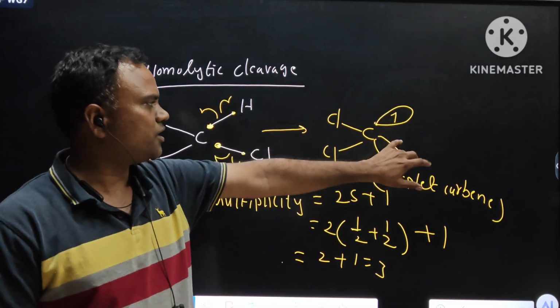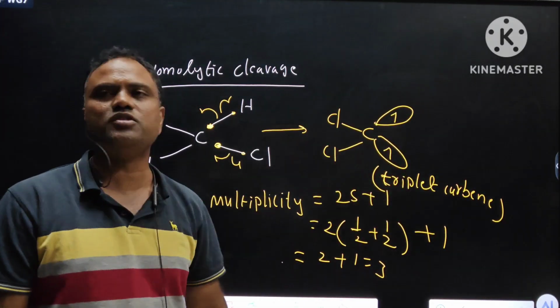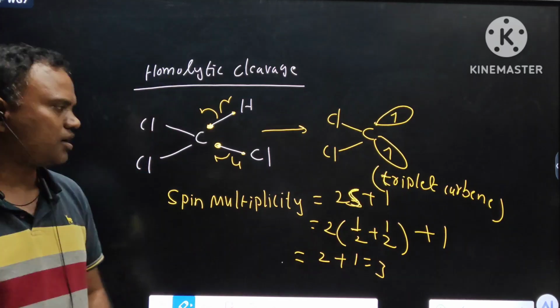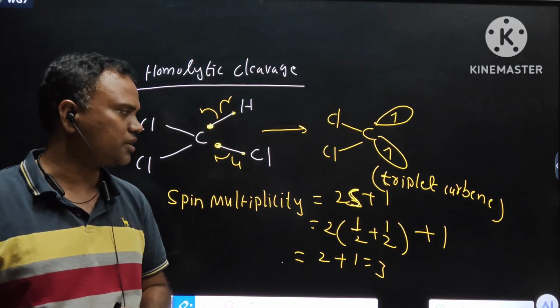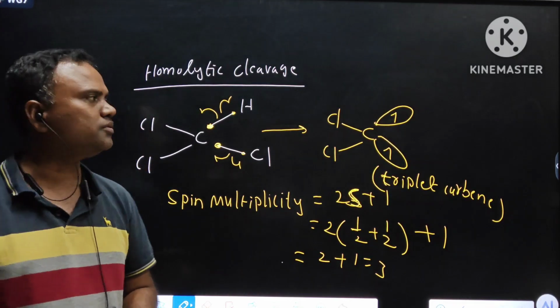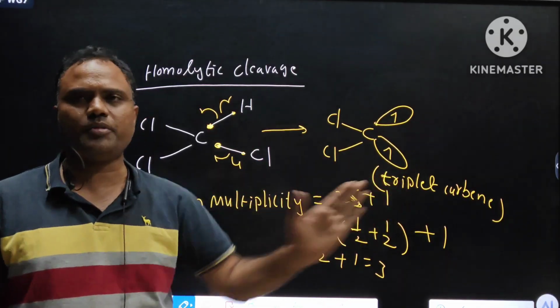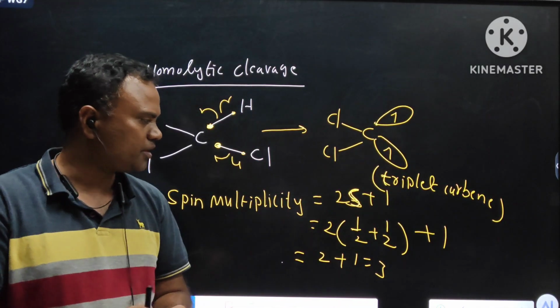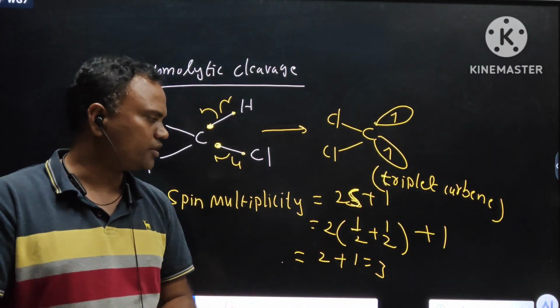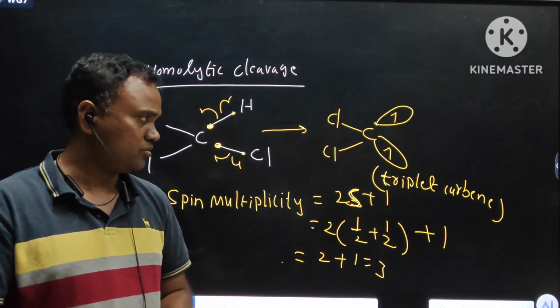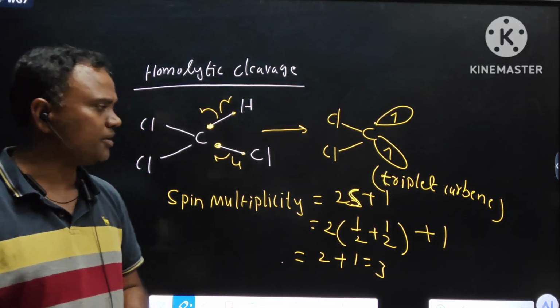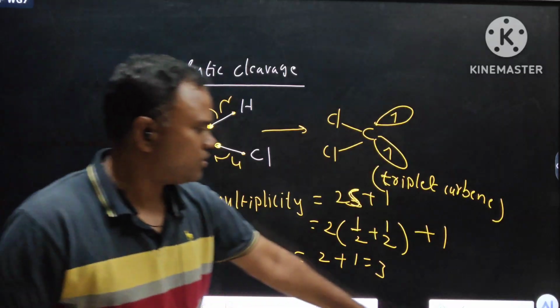The number of single electrons is present, but we have to take their spin actually. The S stands not for the number of single electrons but the spin value. Here 1/2 plus here 1/2, so 1/2 plus 1/2 is 1. 2 into 1 is 2, plus 1, total 3. So this is triplet carbon. Triplet carbon is paramagnetic.